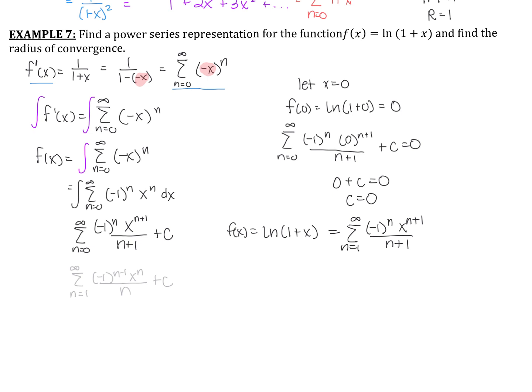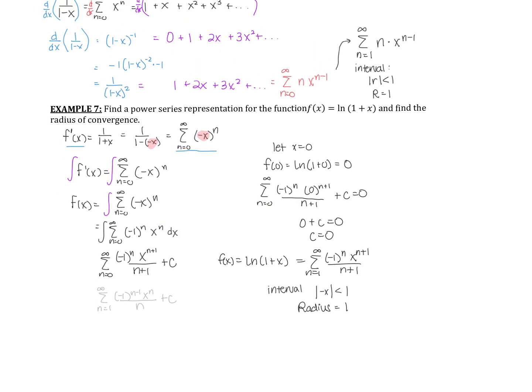That's fine. Now, this is still a geometric power series. We know this is a geometric power series because I have negative x to the n, which means that the absolute value of r, which is negative x, needs to be less than 1, which means that my radius of convergence would be 1.